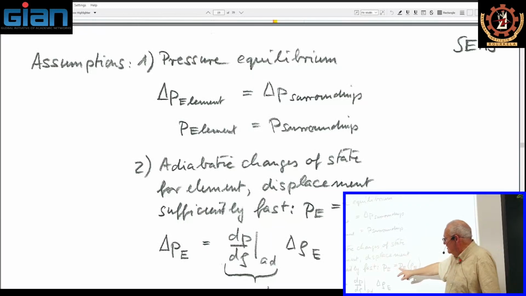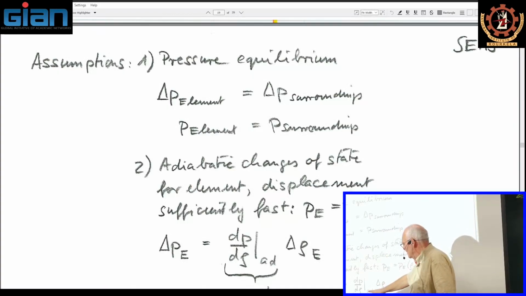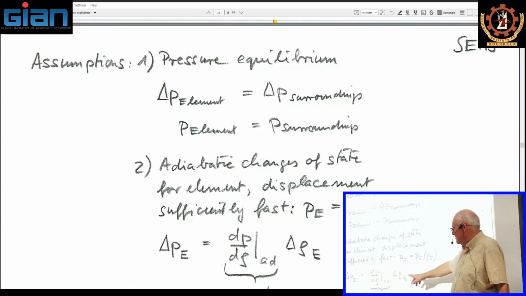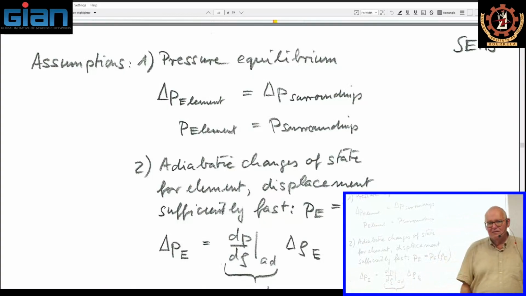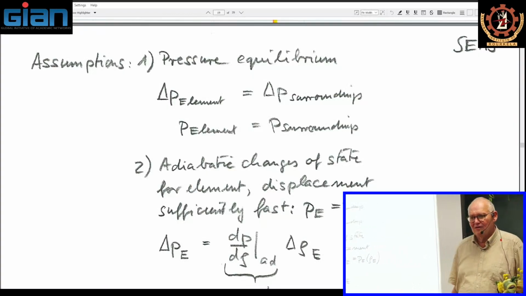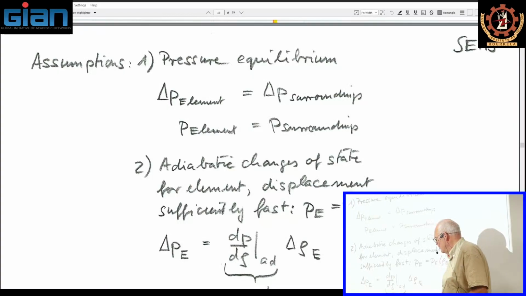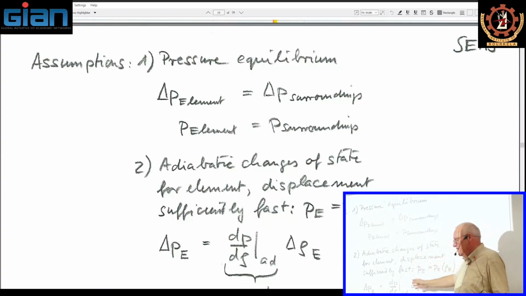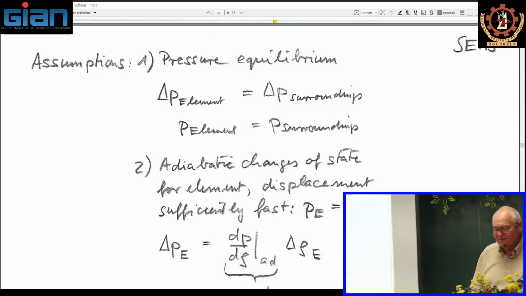Or rewrite it in terms of the change of the pressure in the element. Delta P of the element is then simply the derivative of pressure with respect to density times the change of the density of the element. And this derivative of pressure with respect to density, according to our assumption, is to be taken at constant entropy, or adiabatically.